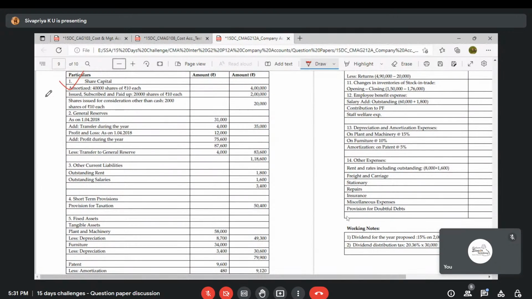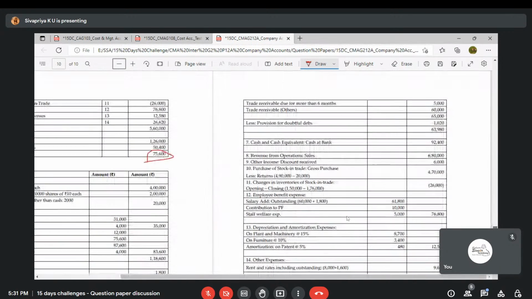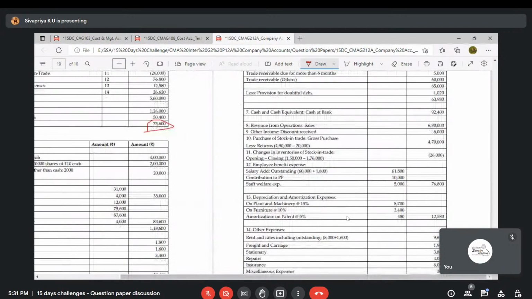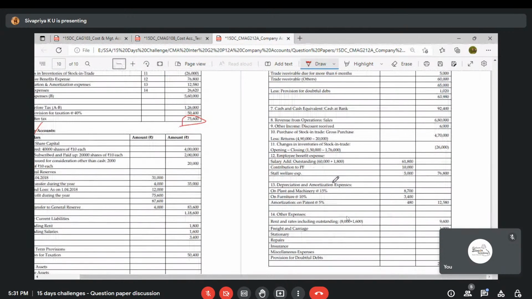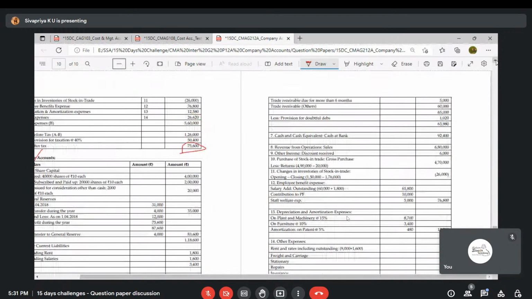The first 5 workings are here, 1 to 5, right? This is from 6 to 14. All other workings are on the page, right?